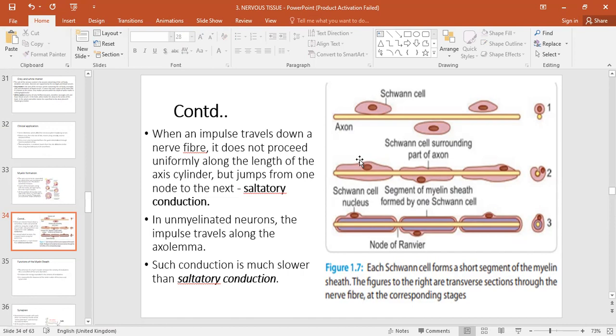Let's look at that in detail. What we have here is an axon. The cell body is somewhere here together with the dendrites, but it's removed anyway. This is the same structure, just seen from a different angle.